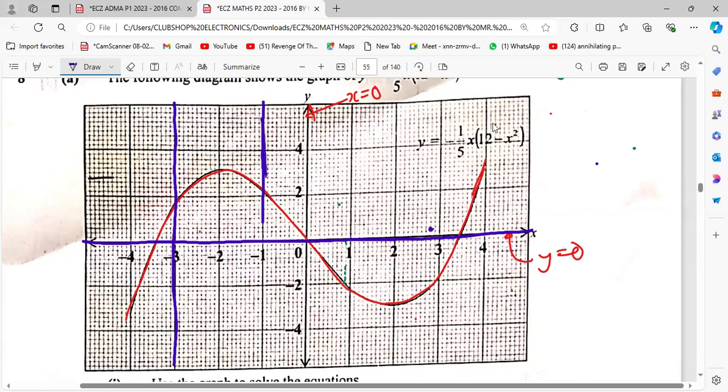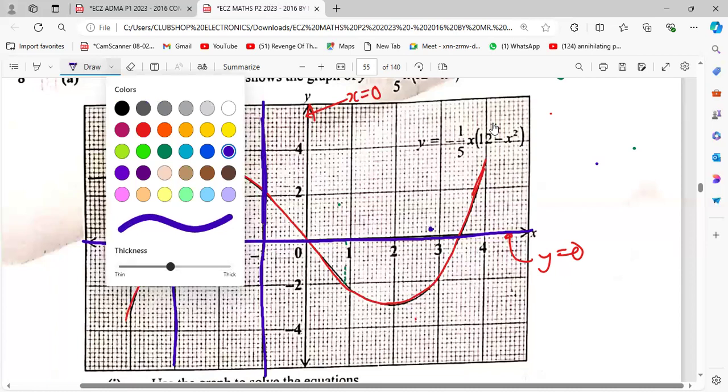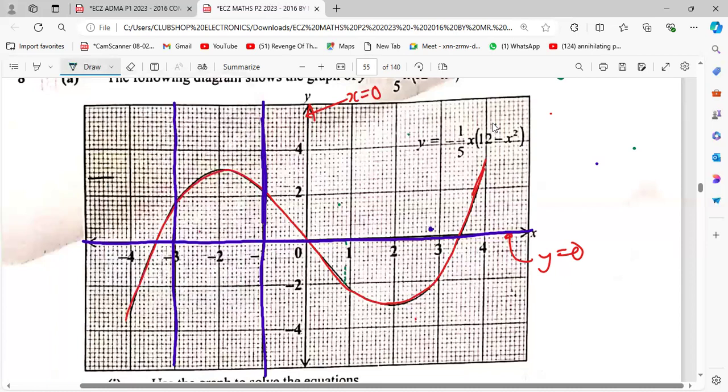I'm sure we can see the area now, the space that we want to compute. So we're interested in this. Is that okay? Hello? Yes, sir. Are you okay with this area? Yes.